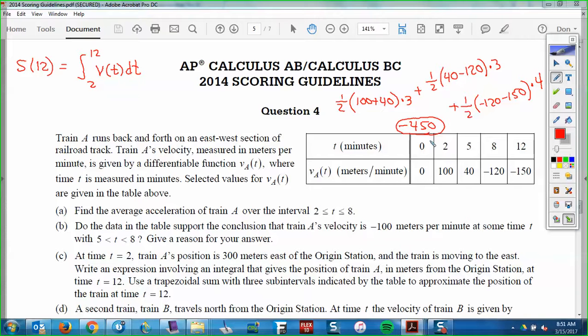So until you write an integral, you really don't know what it is you should be writing this trapezoid sum for. Now, I don't know how you got 315. You should only go from 2 to 12, right? I agree with you. It should only go from 2 to 12 because that's your initial condition, so we shouldn't be using the 0, 0. So how are you getting 315? Do you have to find the average?